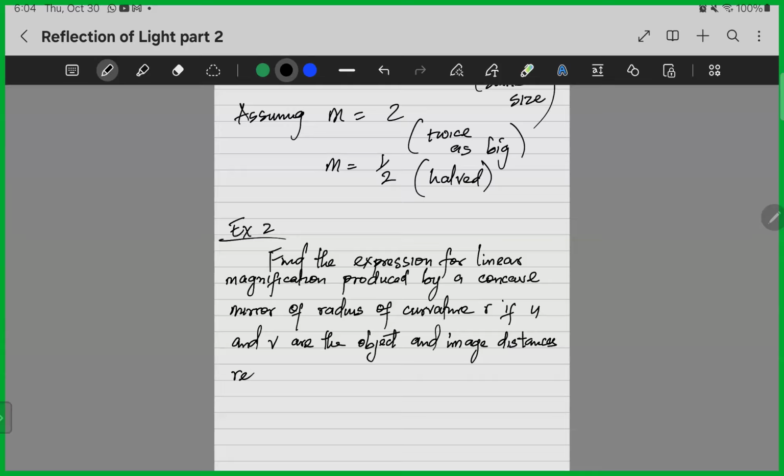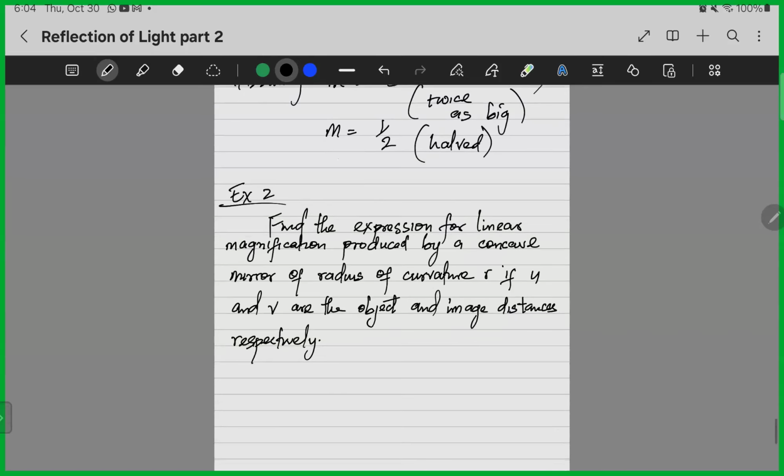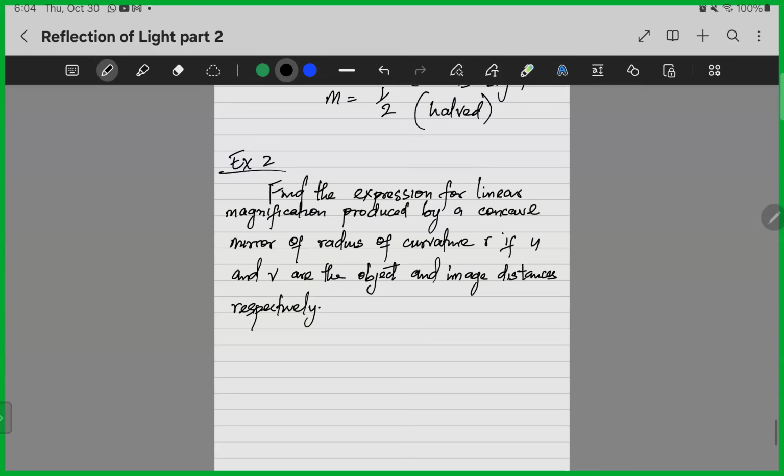So this one is just like a formula question.